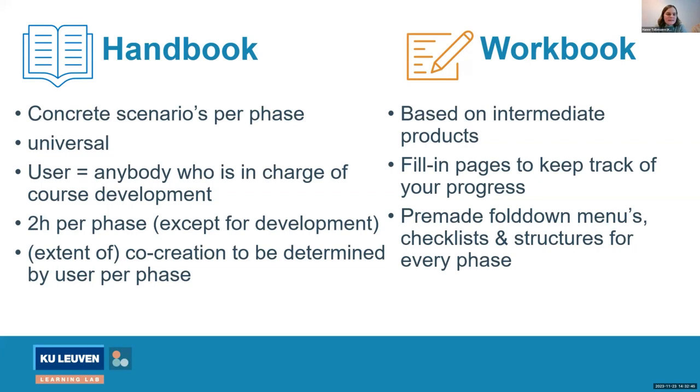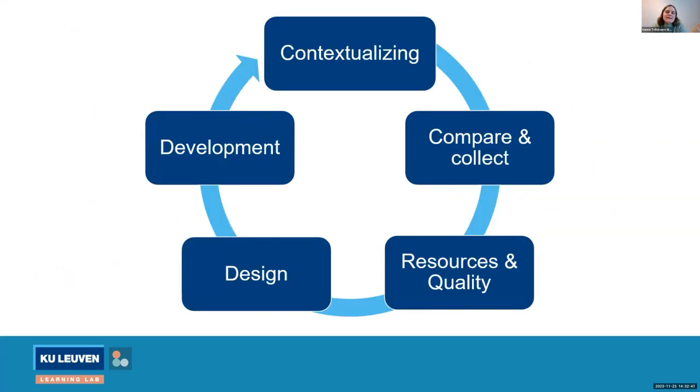But then the framework itself is actually this. We came up with 5 steps that are essential in creating multimedia. The first step we call contextualizing. It's really thinking: what kind of multimedia do we need? Why do we need multimedia? Where will it fit in?